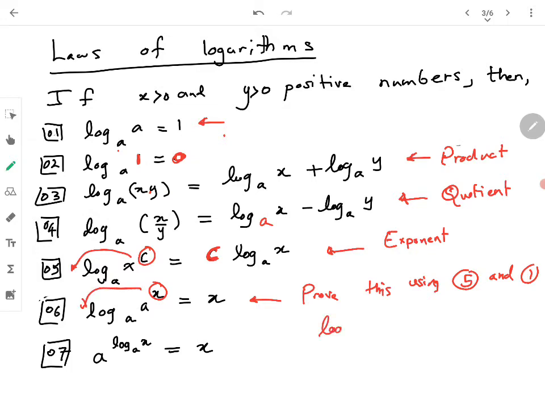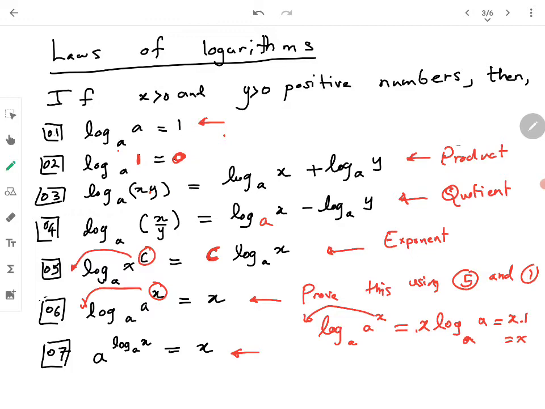So log a a^x, using the fifth rule, you can write it like this: x, the exponent moved to the front. Then the first law says log a a is equal to 1, so x times 1 is equal to x. So you can easily prove the sixth rule.